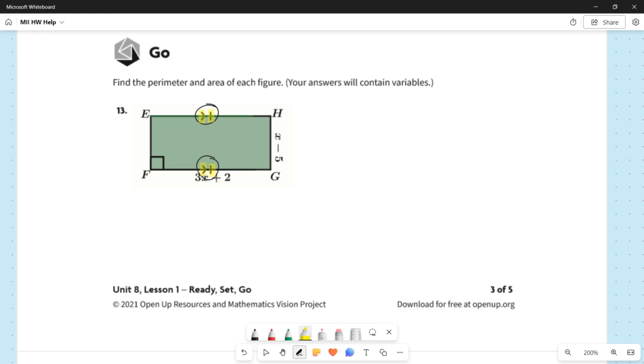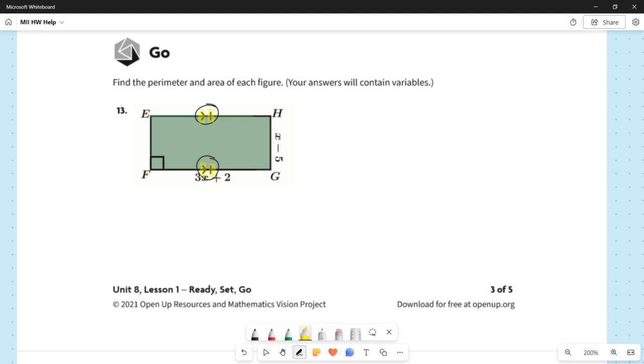When you have a quadrilateral that has one pair of opposite sides that are both parallel and congruent, that tells us that our quadrilateral is a parallelogram. So that alone is enough information for us to assume that this is a parallelogram.